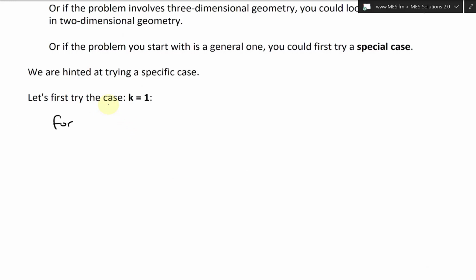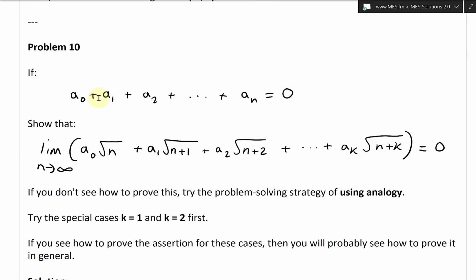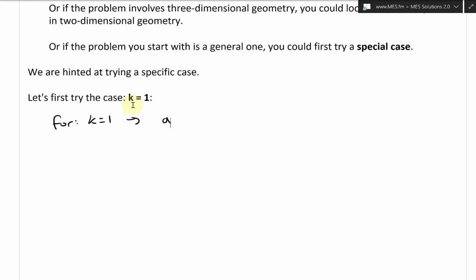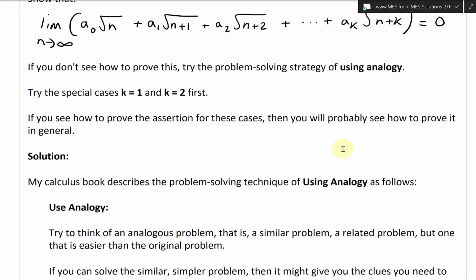So for k equals 1, this goes all the way to k is 1, so we have a0 plus a1 equals 0. So a0 plus a1 is equal to 0, and then we have to show this setup here.